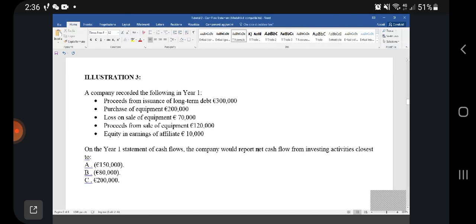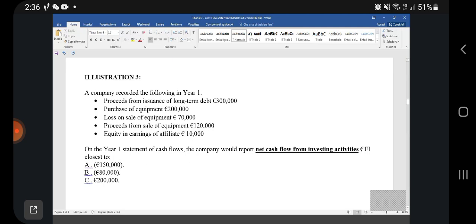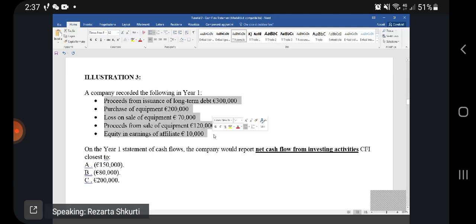Net cash flow from investing activities. So let's be clear. What we are looking for here is this one. Not operating, not financing, not net cash flow, the sum of them. Just this one. So you may have a lot of information. Not all of it has to do with cash flow from investing. So first of all, let's filter and put some criteria to take out the relevant information.